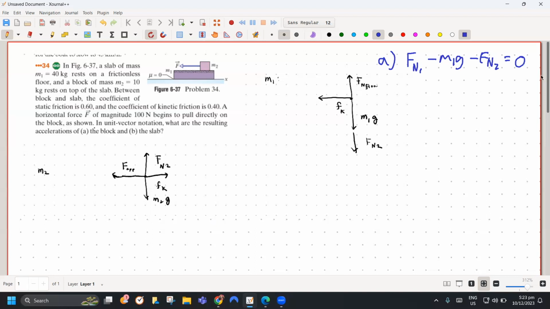So, assume muna na static friction. Let's see what we can get. So static friction case. F applied is below the threshold.